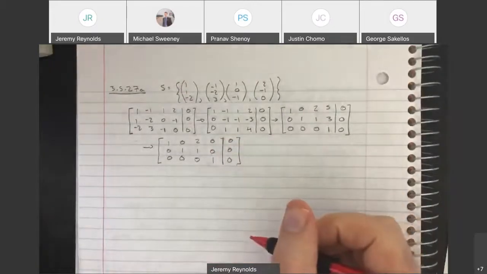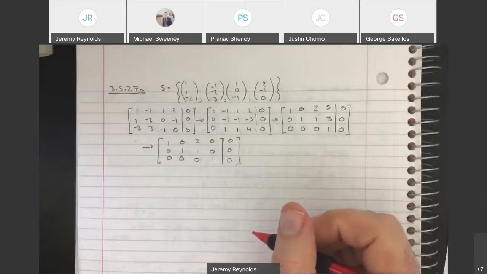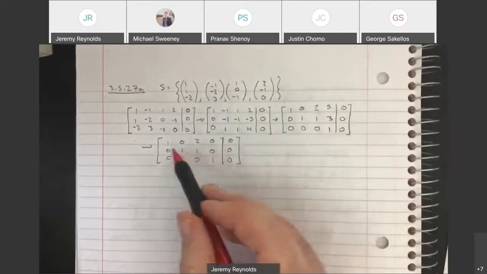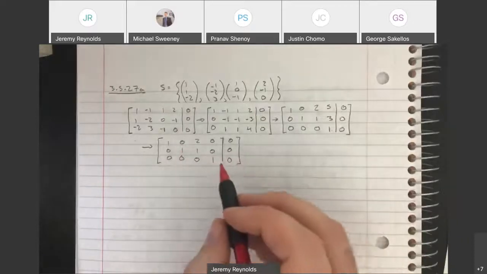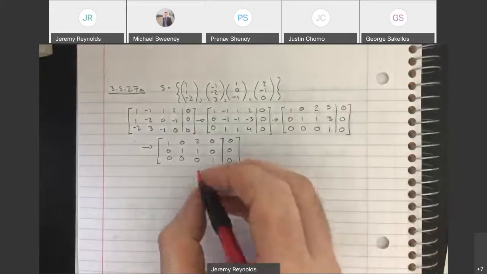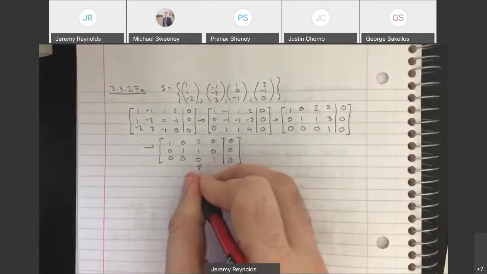So that'll be our final matrix. And we can see that the leading one is the only non-zero entry in each of these 3 columns. So it is in reduced echelon form. We also notice that we have one free variable.